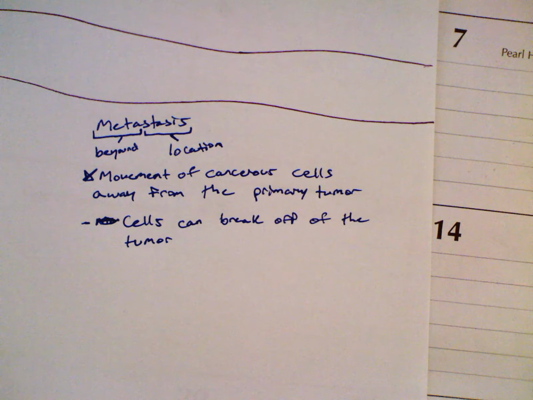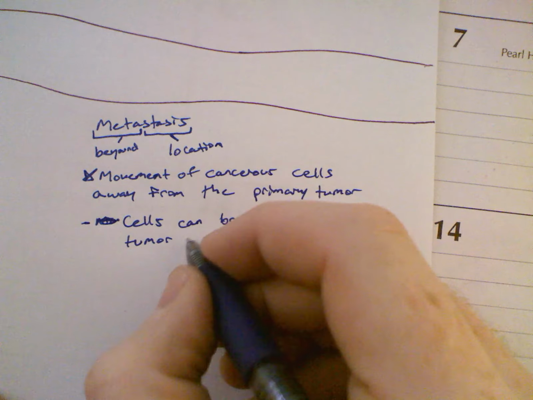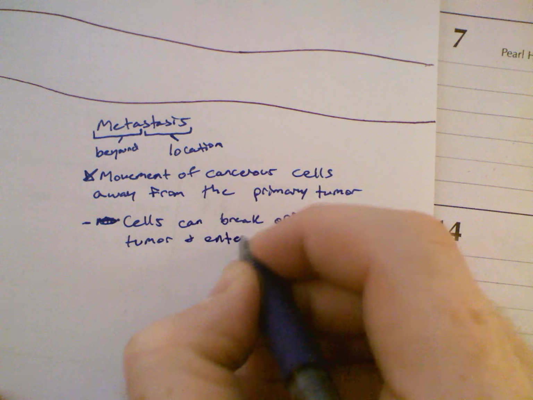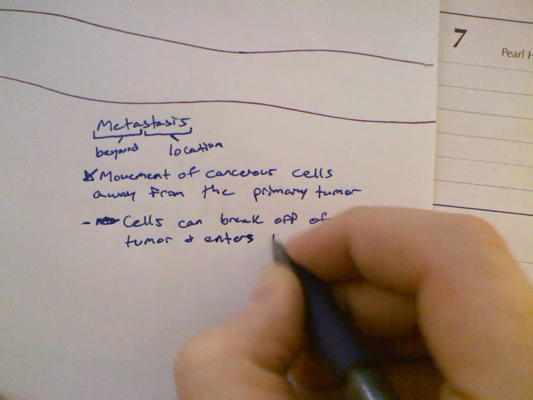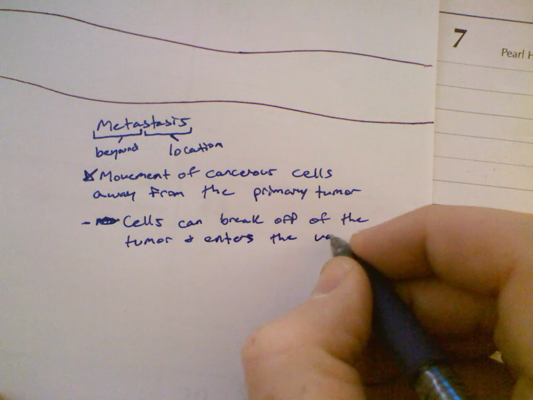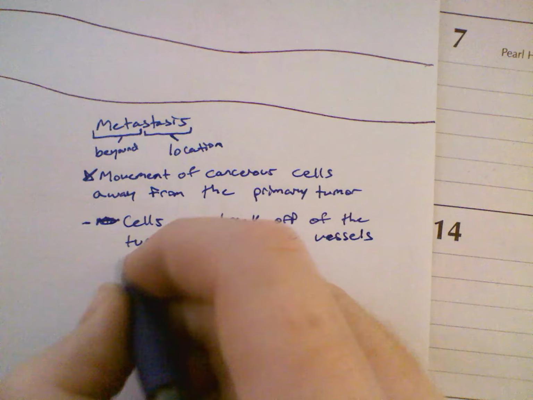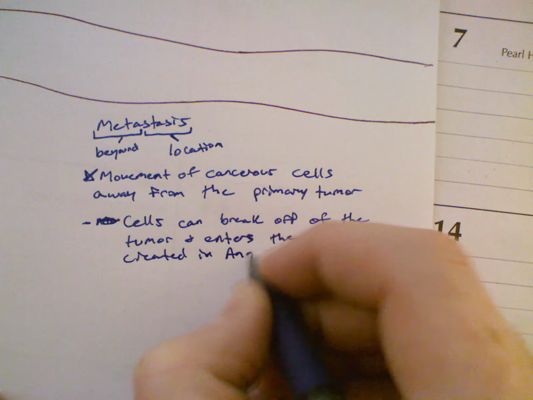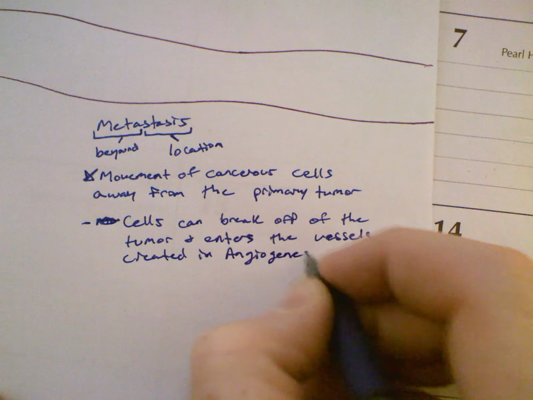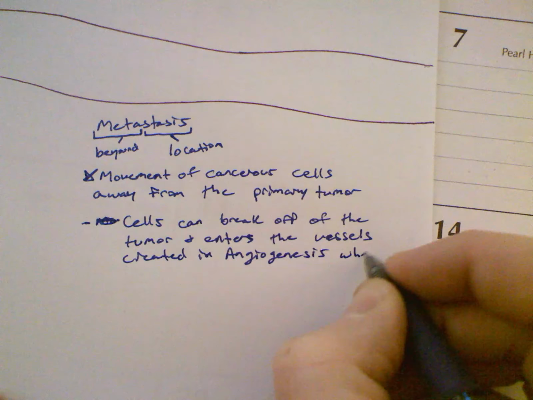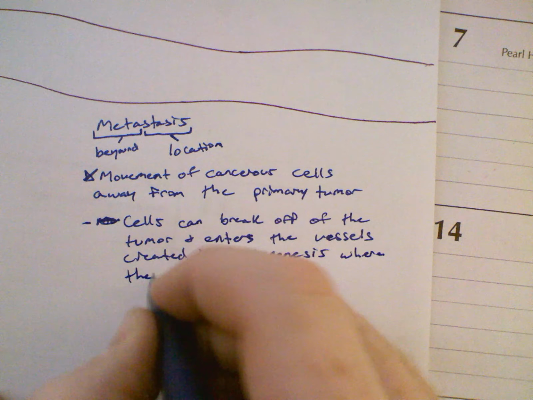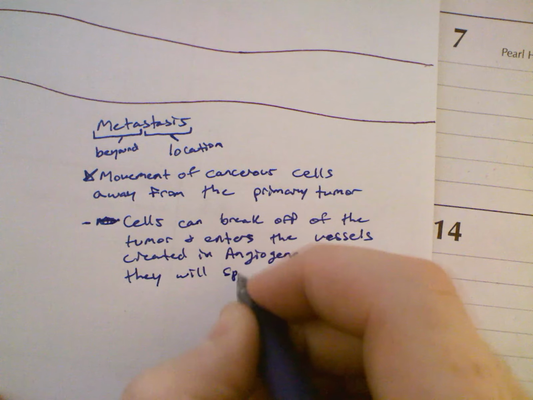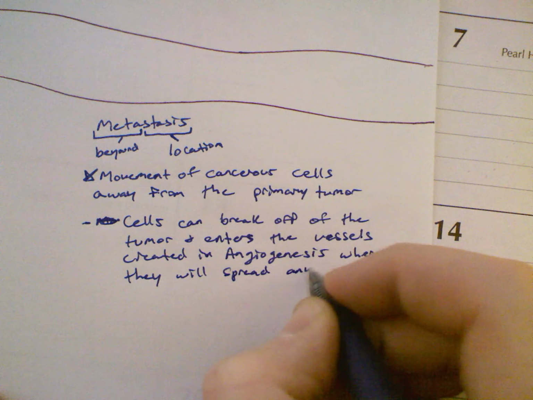And as they get unstable, there's a likelihood that cells that are dividing off of these cancerous cells will break free from the tumor and enter the vessels created in angiogenesis, where they will spread anywhere the blood goes.